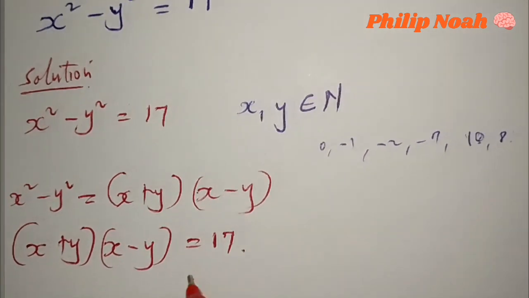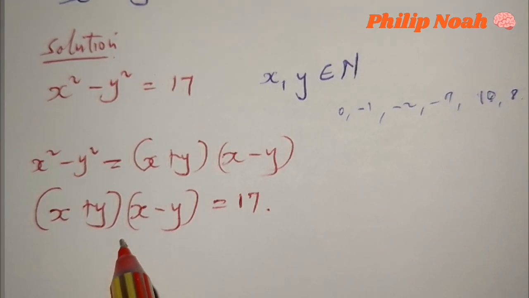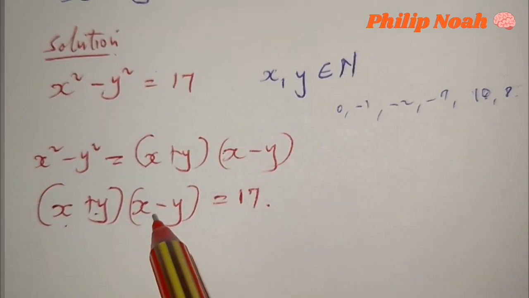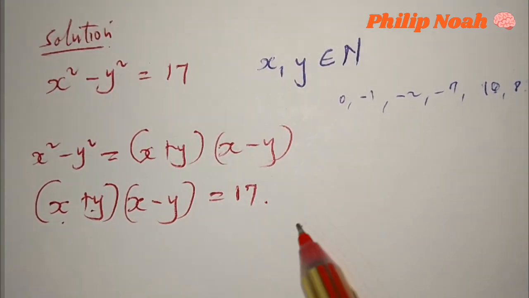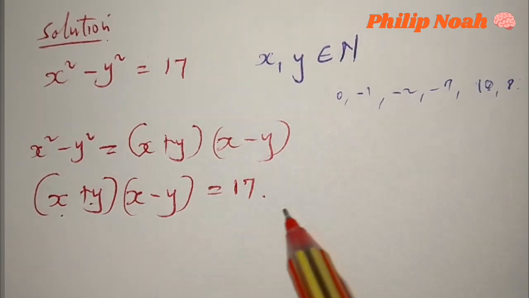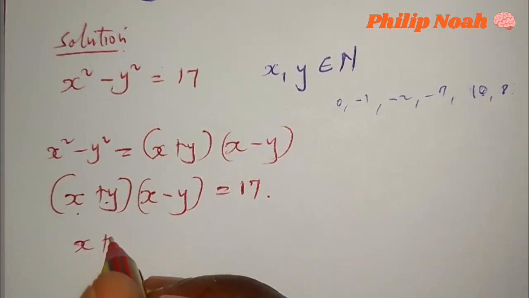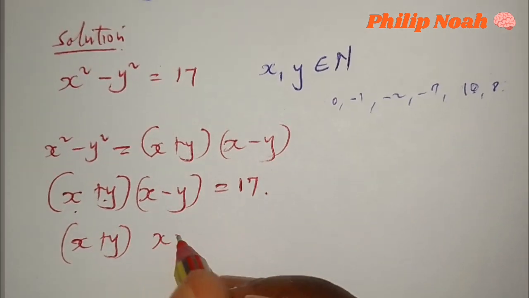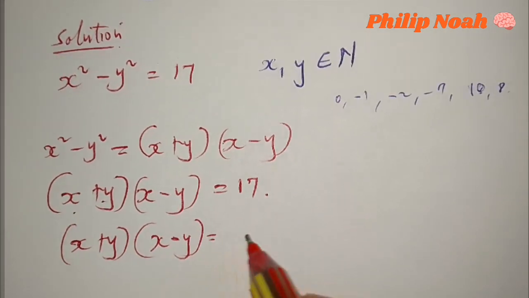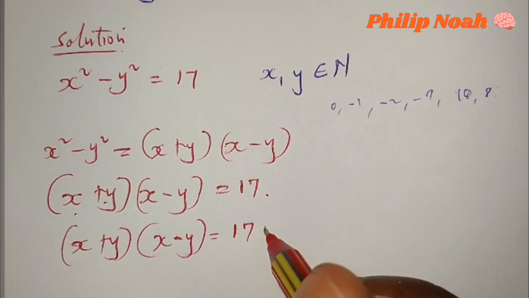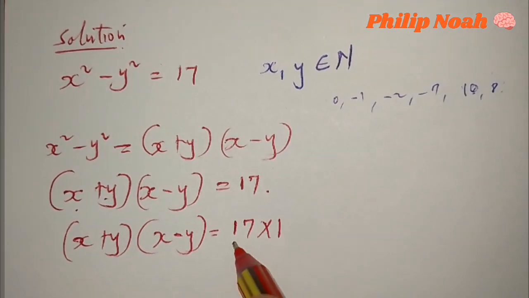At this point, you can see on the left hand side of the equation we have two factors, x plus y and x minus y. On the right hand side we have 17. So we shall make this two factors. So we have (x plus y)(x minus y) is equal to 17 times 1. You have two factors, 17 and 1.